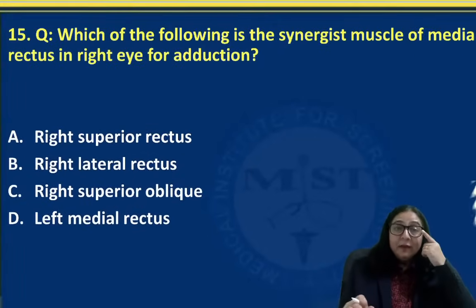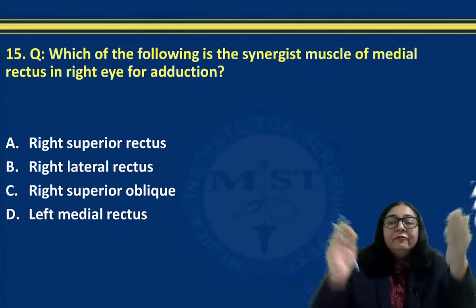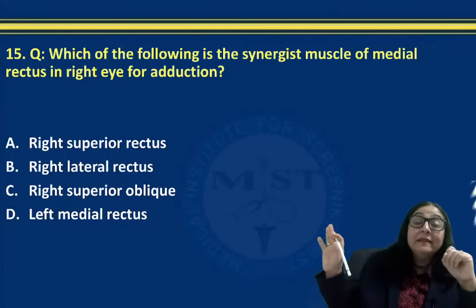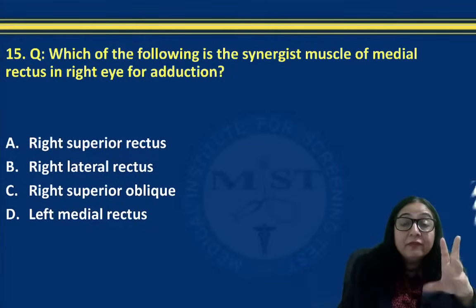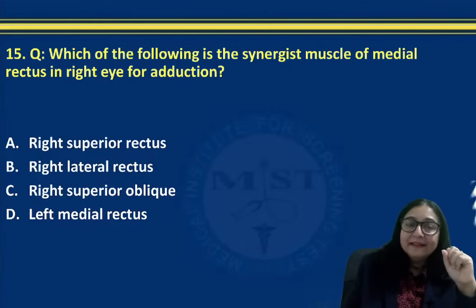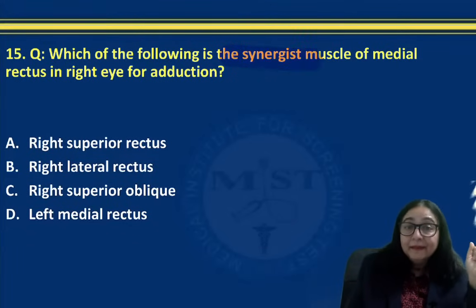Again, a very easy question. Sometimes you get confused in these questions. Let's do it so that there is no mistake in attempting these kind of questions. Which of the following is the synergist muscle of medial rectus in the right eye for abduction? Synergist muscle.